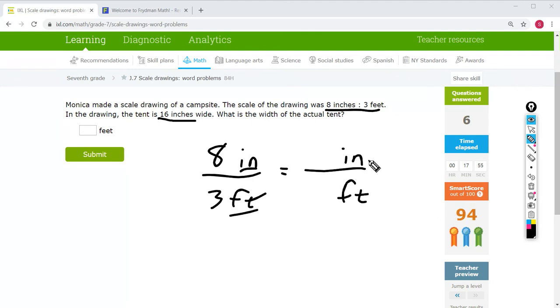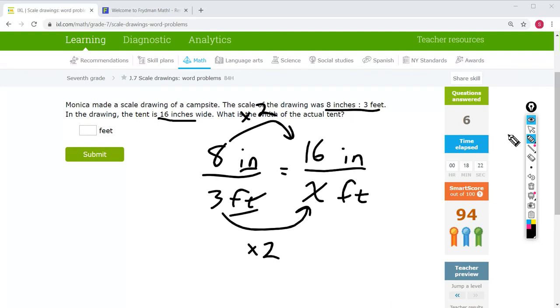In all of the other questions that we did, solving a proportion, that other number went in the denominator, but that does not always have to happen. You see here, I put inches in the numerator, and this is inches, so I would have to put inches in the numerator over here also, and x in the denominator. And then I know that 8 times 2 is 16, so 3 times 2 would give me 6.